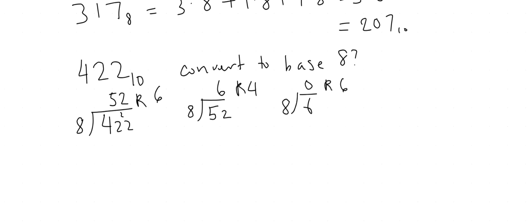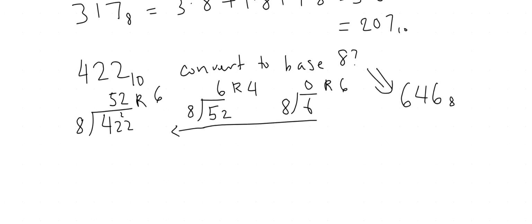So what do you do with all these remainders? Well, you go from back to front. So you look at the last remainders, and it will give you the answer of 646 base 8. And we can verify this by converting this to base 10 again to verify our answer, right?